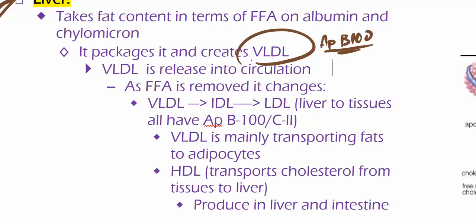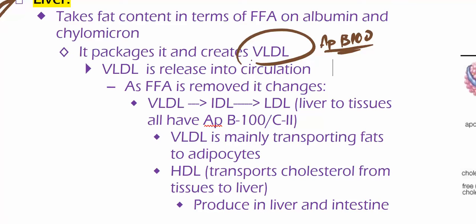All right, so when we're talking about VLDL, IDL, LDL, we're talking about liver to tissue cells, right? The tissue cells of your body. Now, VLDL, IDL, LDL are going to have apoprotein B100. Why? Because they were made in the liver.